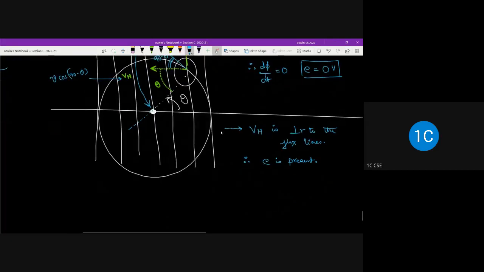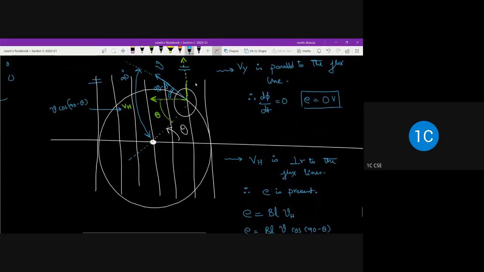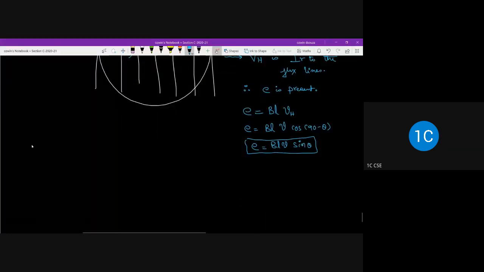Now, this can be given on the basis of dynamically induced EMF. That is, dynamically induced EMF can be given as E is equal to BLV sin theta. So here the velocity component is B into L into VH, where VH is V cos(90 minus theta). So cos(90 minus theta) is sin theta. So E is equal to BLV sin theta. So the induced EMF in some arbitrary position 5 is E is equal to BLV sin theta.